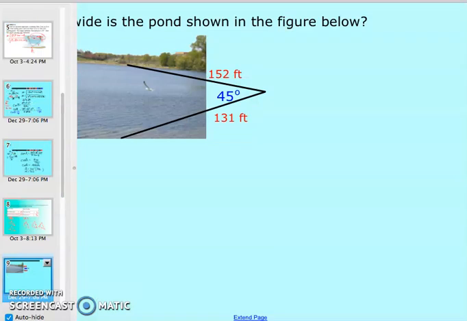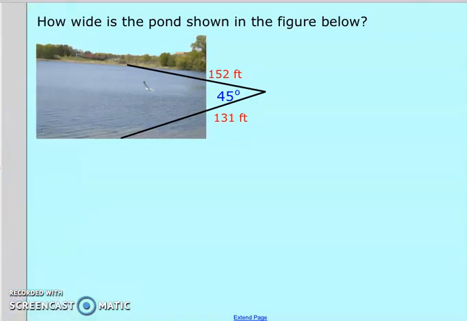Here is one last problem for the law of cosines. Another real life word problem. You want to find out how wide the pond is. Okay? So, let's see how this shows up. There's going to be my distance. I'm going to call this lowercase a to keep it simple. This would be A, B, C. Again, you can go around ABC, it doesn't matter.